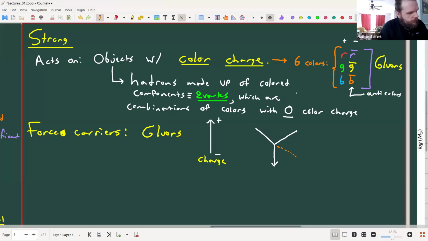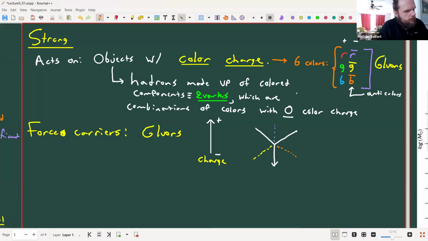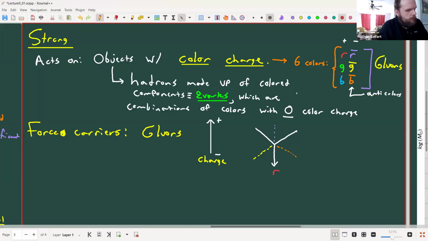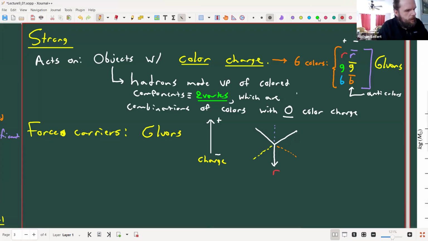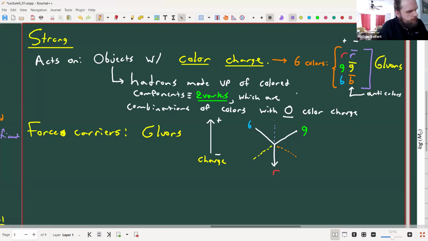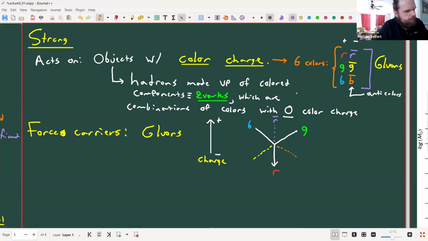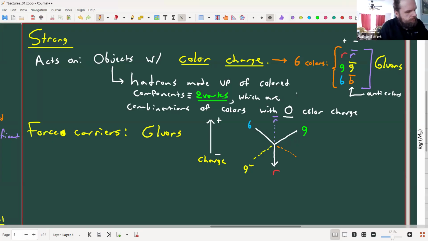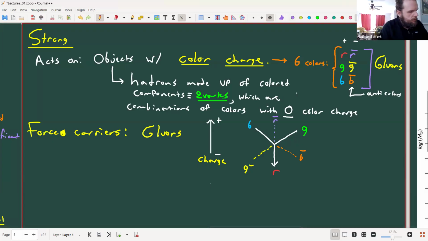Let me see if I can color it right. R, G, B, R minus, B minus. Minus would be anti. And this is color, right?